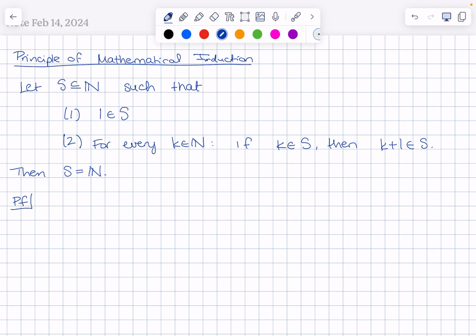Okay, so we have this conclusion here that S equals the natural numbers. So what if it doesn't?